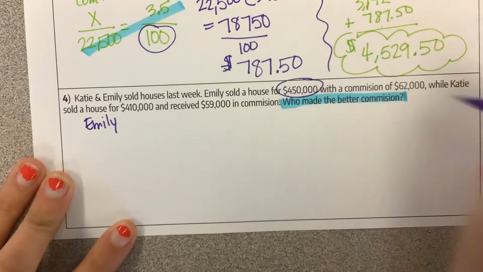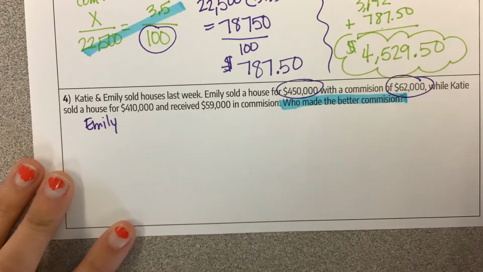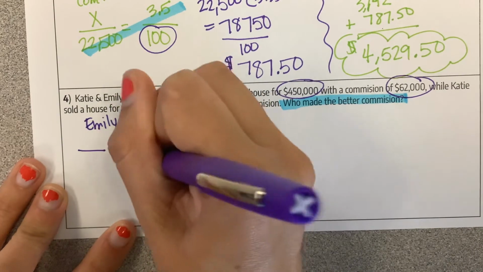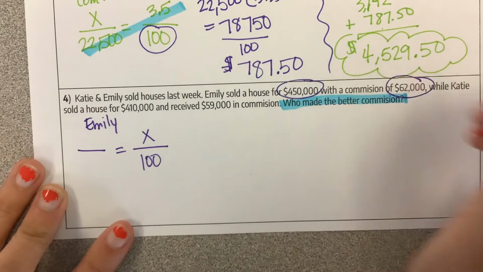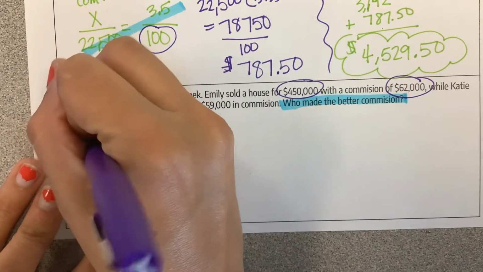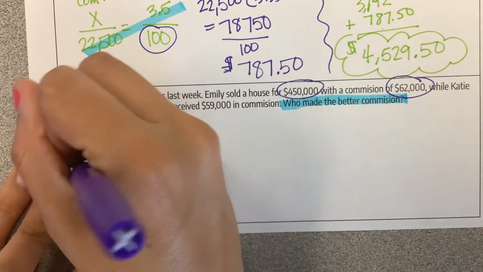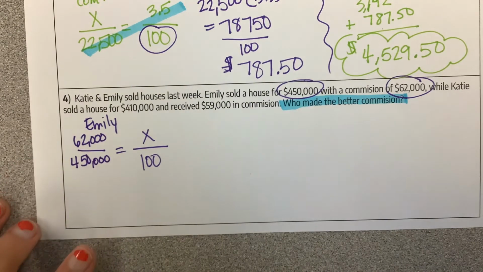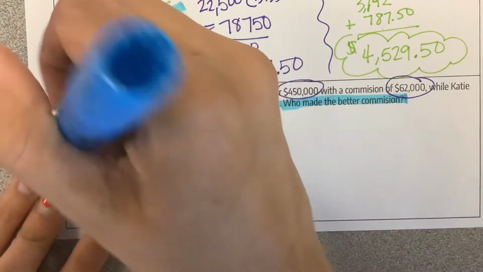So let's look at Emily first. She sold a house for $450,000 and made a commission of $62,000. We want to figure out what is that commission rate. So we don't know what her rate is, but we know her commission was $62,000, and we know that the house was $450,000. Okay, so we're going to solve this.